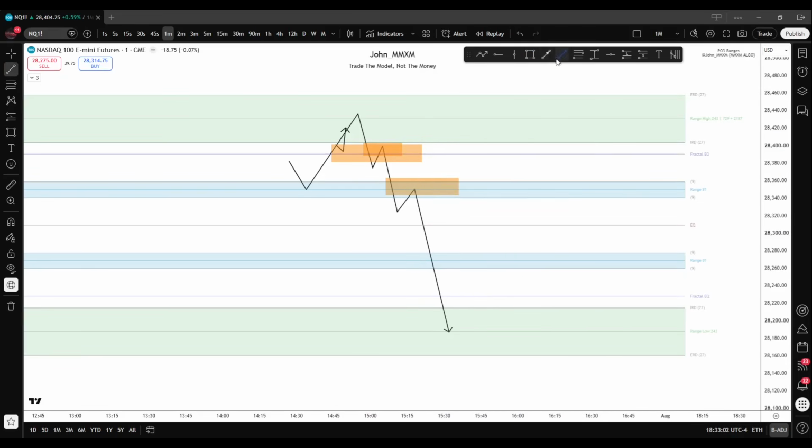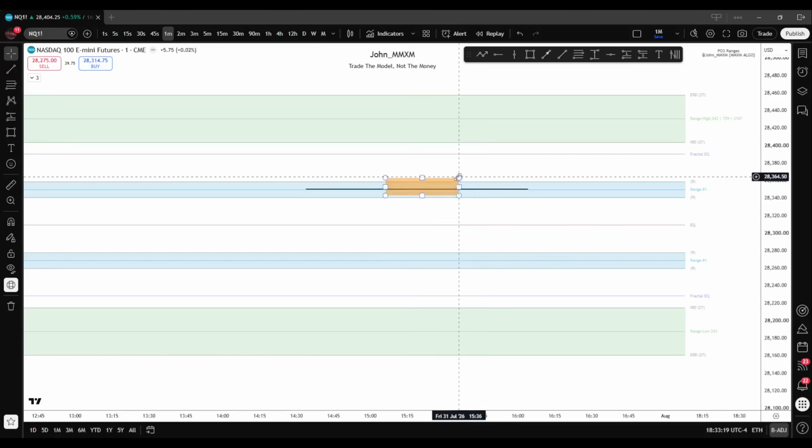And then this would ideally be the breaker. If not, the breaker could be down here. There's also going to be instances where the breaker can form right above IRD, and that's fine too. That's like a super perfect SMR because you're getting in at a super low risk.